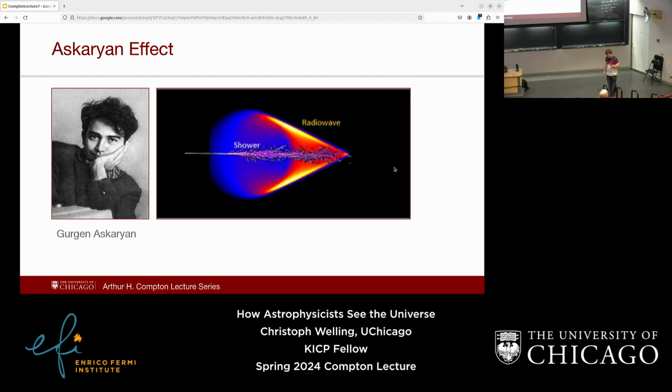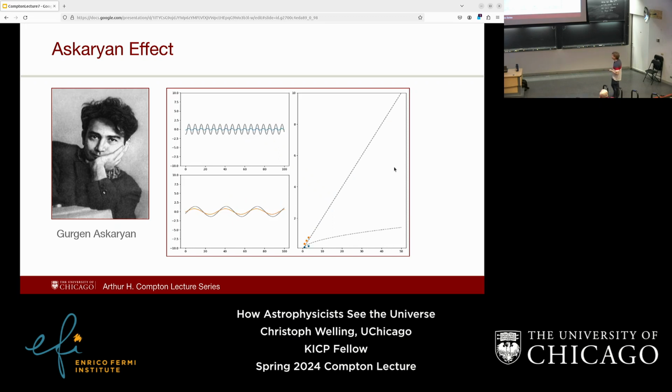But with radio signals, there is an interesting effect, and that is because you don't have a single particle in your shower. You have a bunch of particles. They all emit their own light, and this light is going to overlap. But if you have a very short wavelength, so what's happening here is this gray line is a wave that I'm shifting back and forth randomly, and then this blue line is me adding this wave to the blue line.